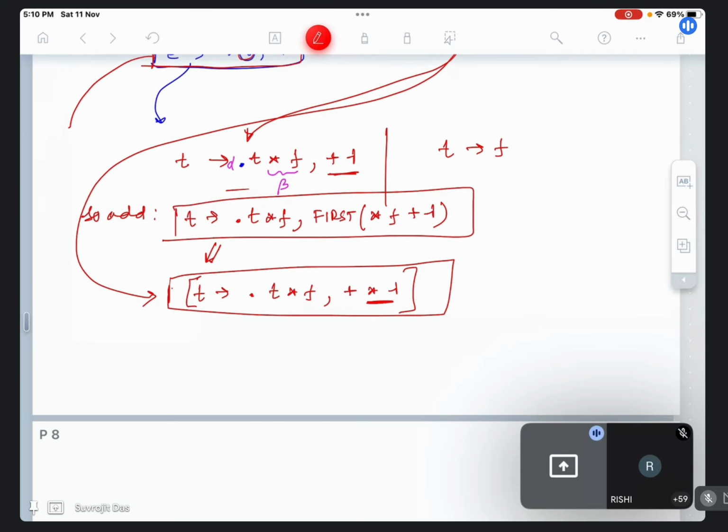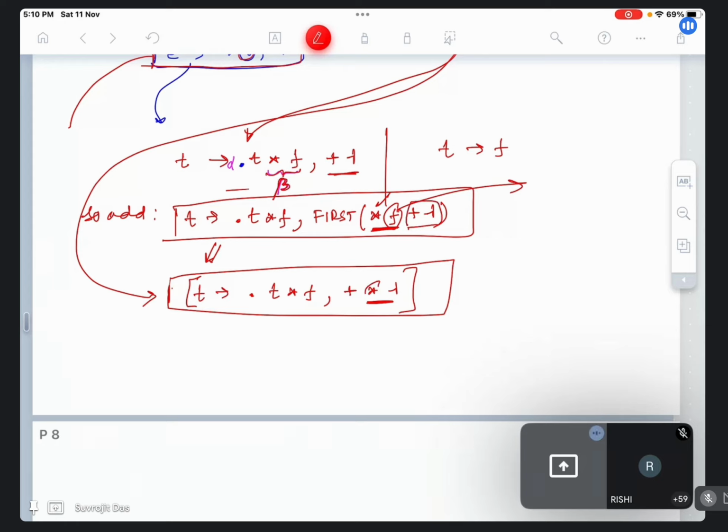This star F is your beta, right? So first of star F is star, because star is not epsilon. This is not a nullable one, right? So whatever first of F has, it doesn't count. It is star. And these are the two symbols that you have inherited.